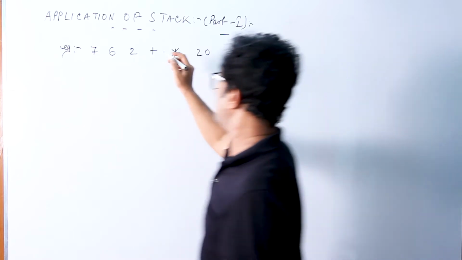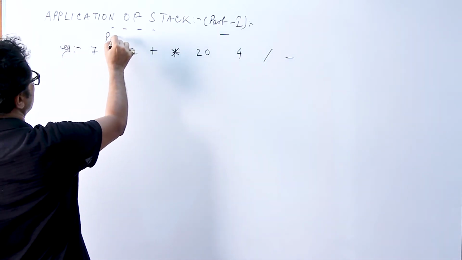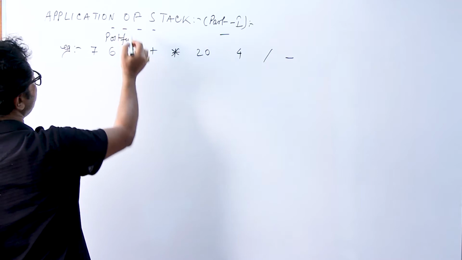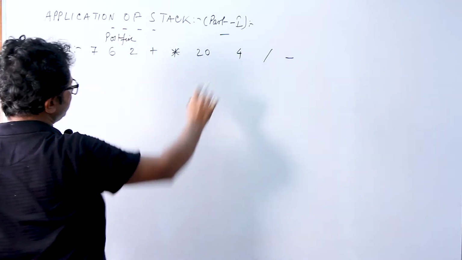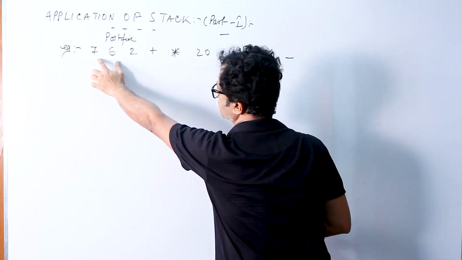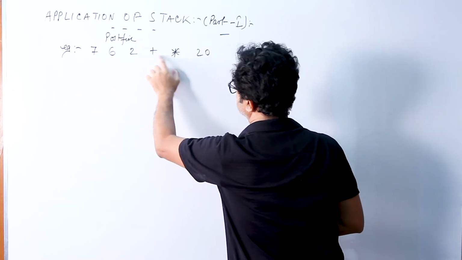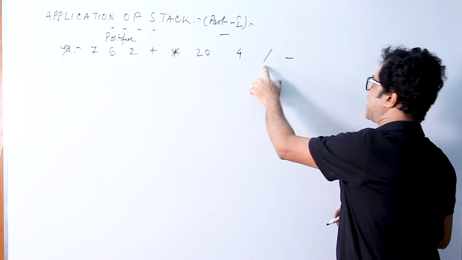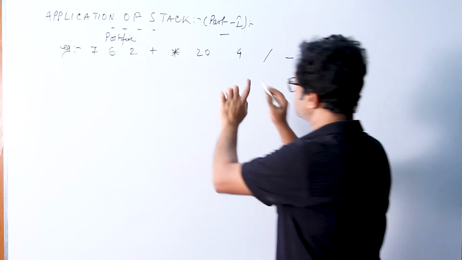Our input is nothing but a string consisting of characters, that is digits, plus, star, slash, minus. These are the operators.